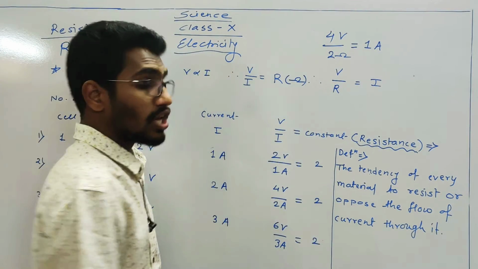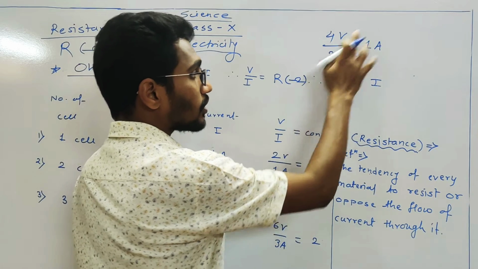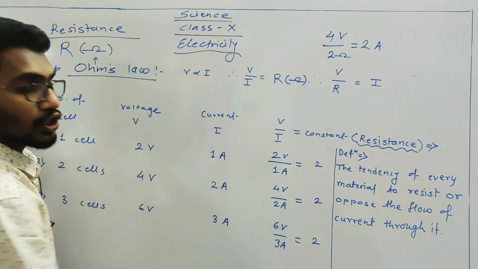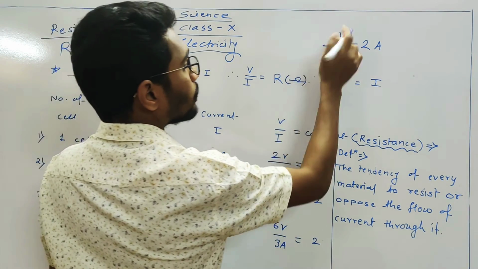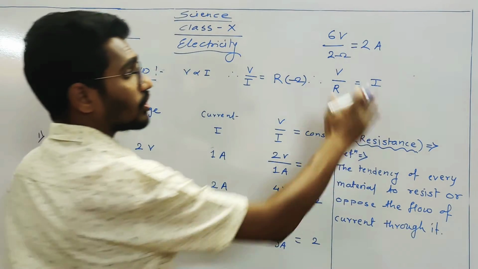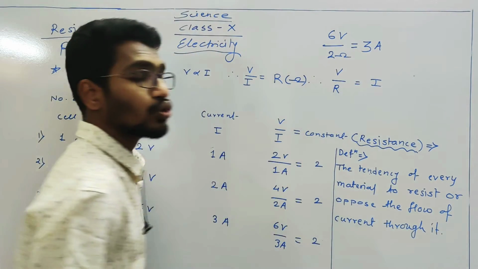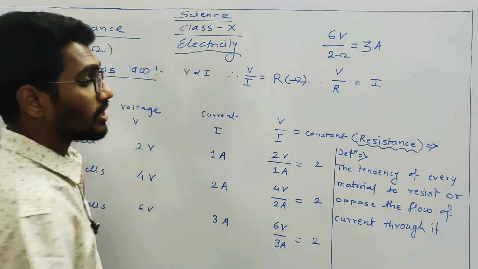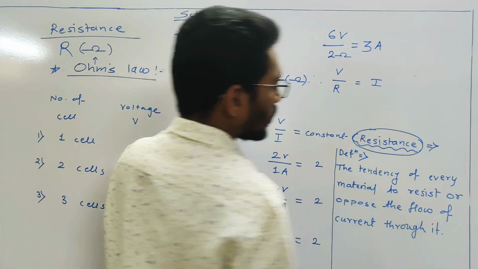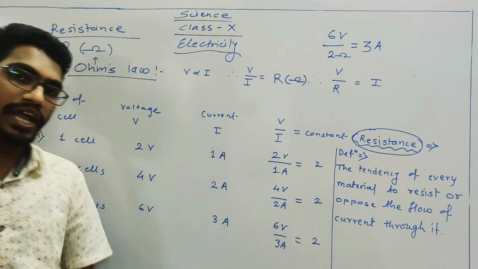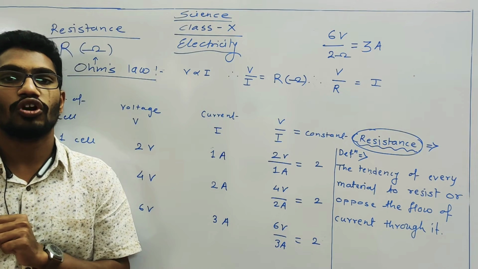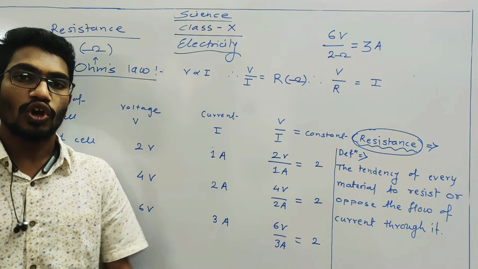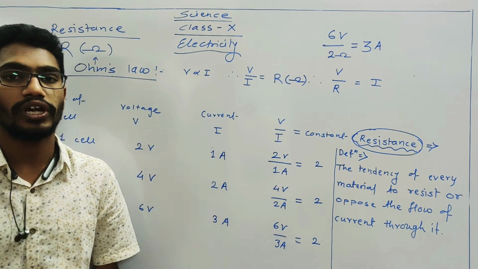The wire is still the same, again the same resistance, 2 ohm. Now it says that if you give me 4 volt, the current is 2 ampere. Now if you give me 6 volt, the current is 3 ampere. So who is going to decide the amount of current flowing through the conductor? It's resistance. If you apply the voltage, the resistance of that conductor, which is nothing but the ability to oppose the flow of charge, decides what amount of current flows through it.